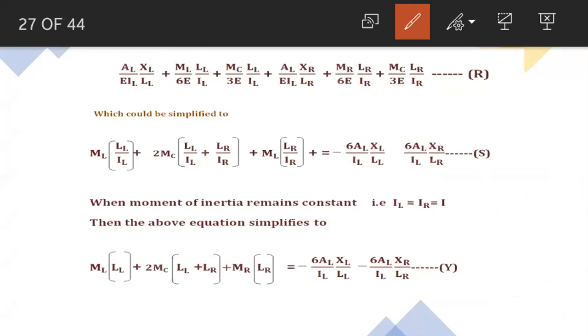If you take ML as MA and MR as MB, and the middle one is the same: MA LA plus 2MC times LA plus LB plus MB LC equal to minus 6 AL XL minus 6 AR XR.